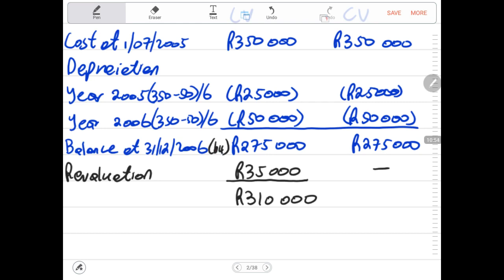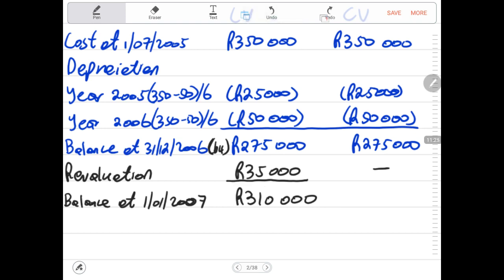But the minute you see there's the revaluation, you go back, open brackets there, and say balance 2006 before revaluation. Then here you start by saying balance after the revaluation. We have balance at 1st of January 2007.